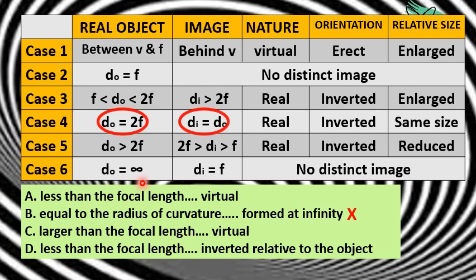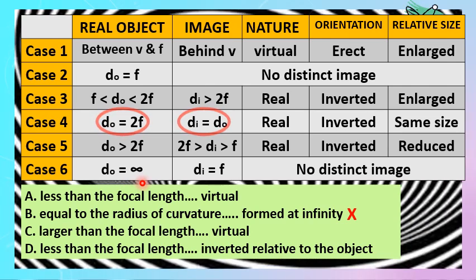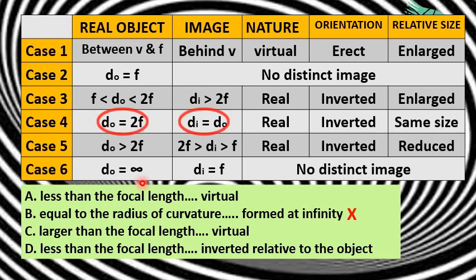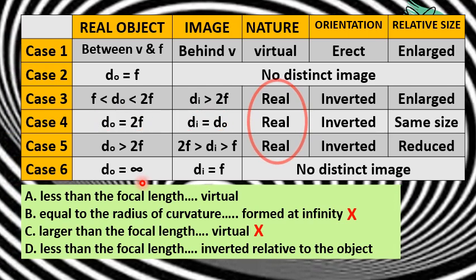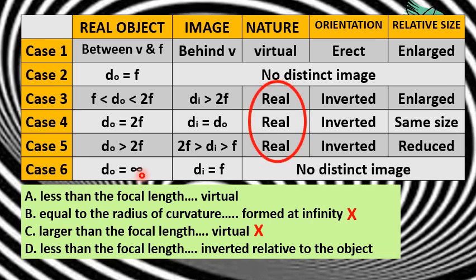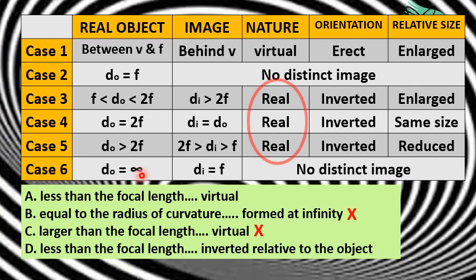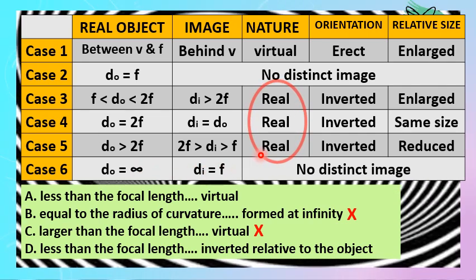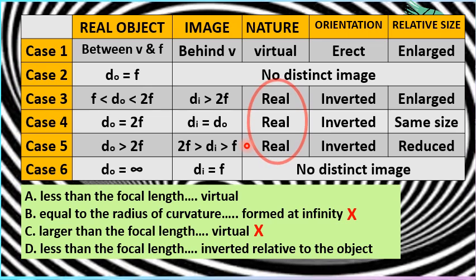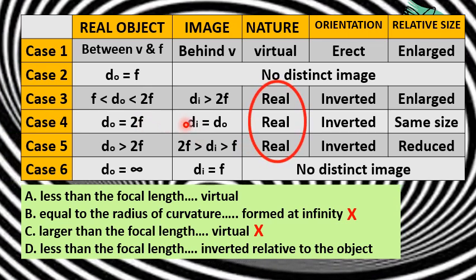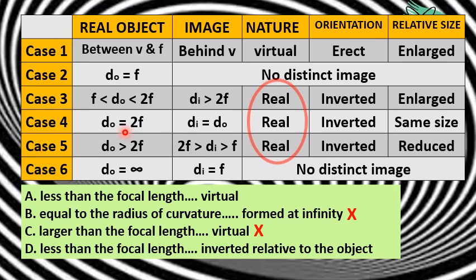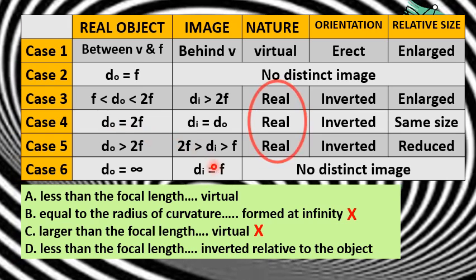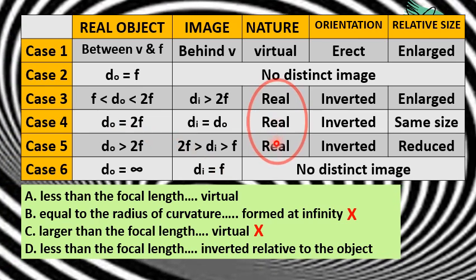Option C is also incorrect because if the object distance is greater than the focal length, right? The image is not virtual, but in fact the images for all cases where the object distance is greater than the focal length are real.